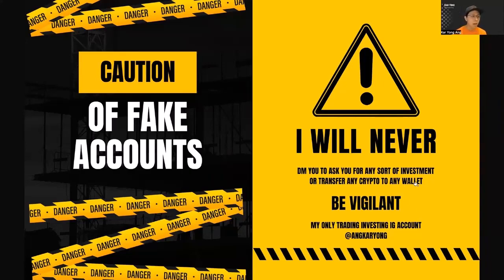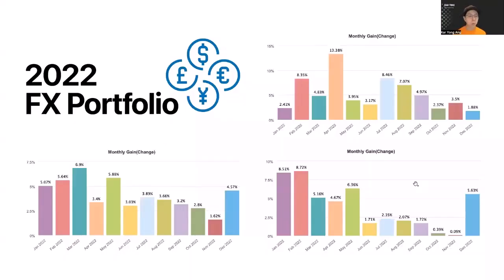Now, as we are talking about trading, I thought it's also important to share with you very quickly the practical aspects and the results of trading. Not to really do any form of comparison, but to give you the confidence that whatever we're going to cover today is something practical that you can actually apply and see results in trading. This is the 2022 portfolio, which is my last year's trading results.